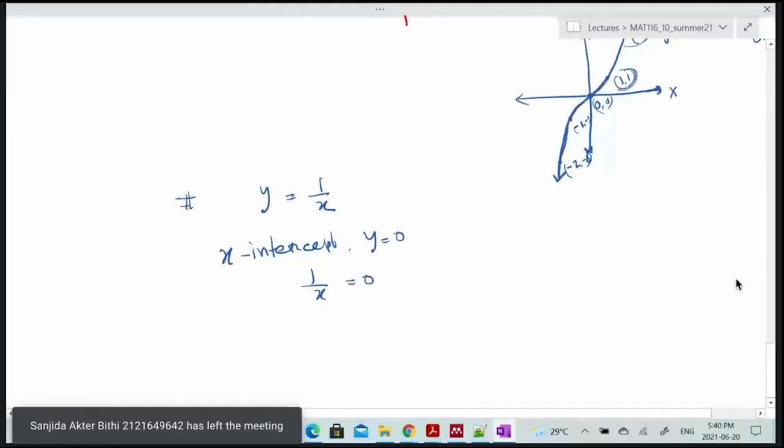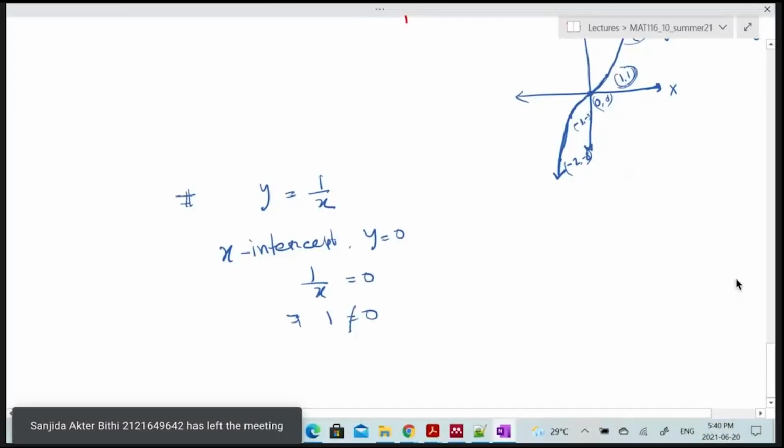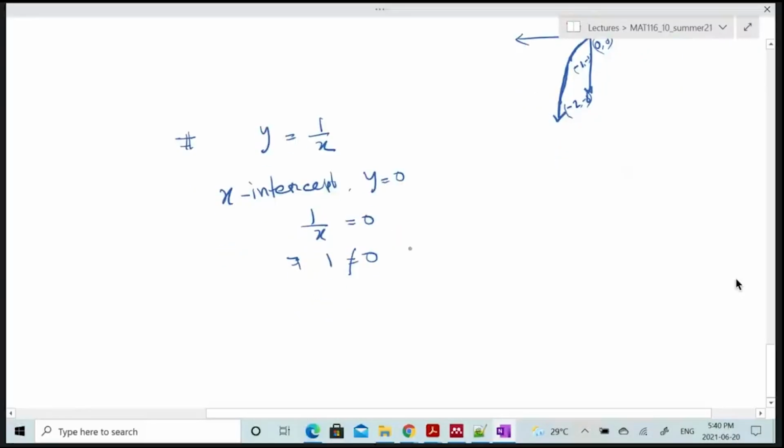That means 1 equal to 0, which is not true. So the x-intercept is not applicable. Similarly for the y-intercept, you put x equal to 0, so you are going to have y equal to 1 by 0, which is undefined.